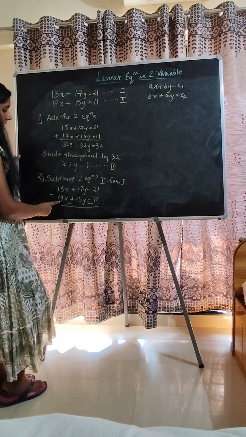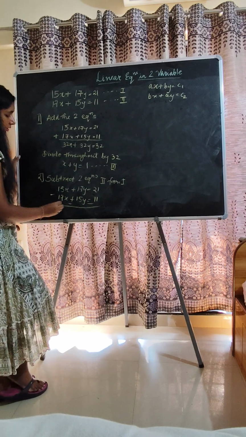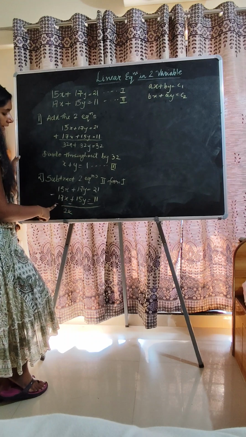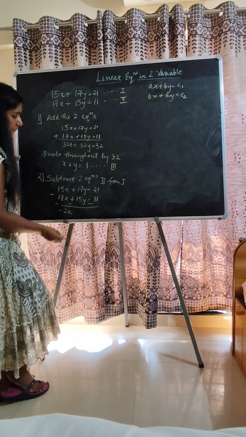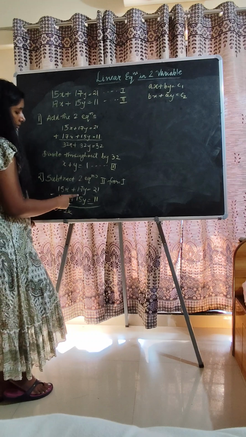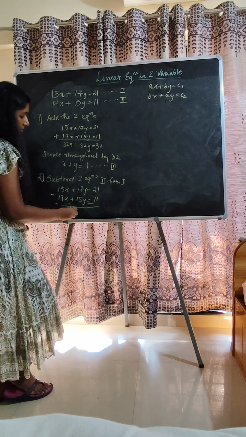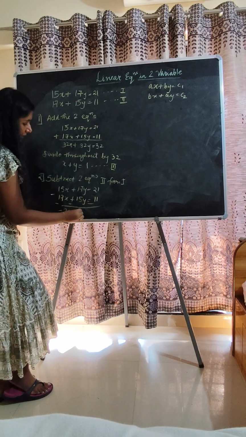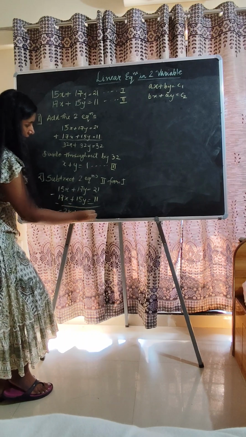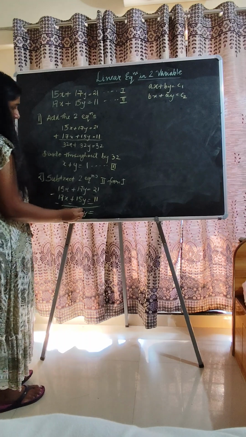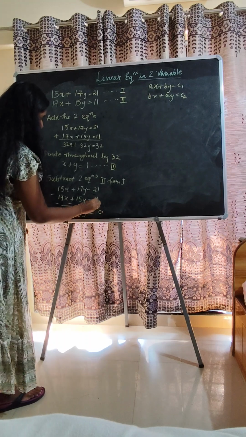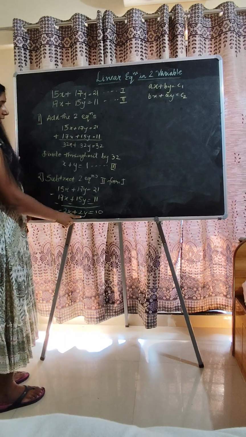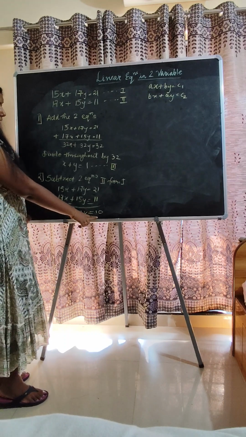So now 17 minus 15 is 2x, but you will take the sign of the greater number, as I showed in the previous video. Then here it is 17 minus 15 again, but the sign of the greater number. Greater number is 17, so 2y. So minus 2x plus 2y is equal to 10.